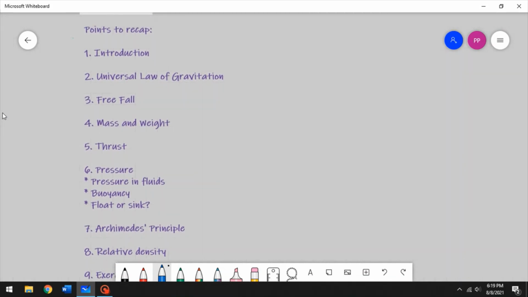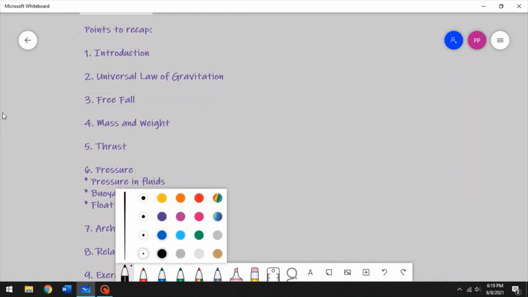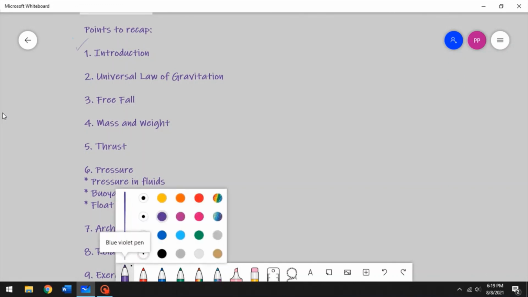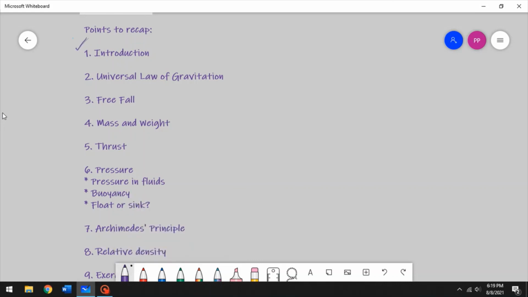Points to recap. First, we started with the introduction of the lesson. We talked about what gravity actually is. We talked about the applications. We asked ourselves a few questions.